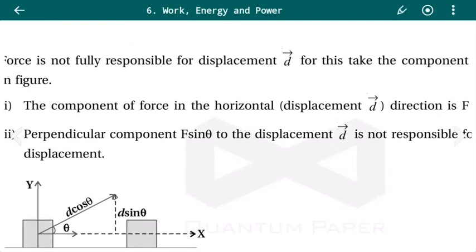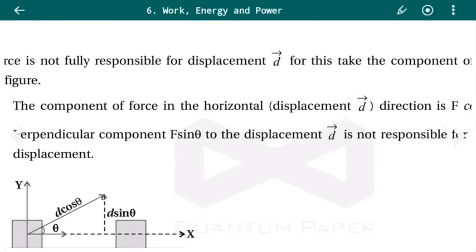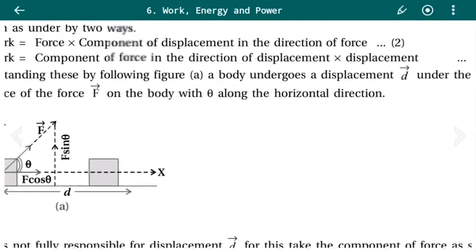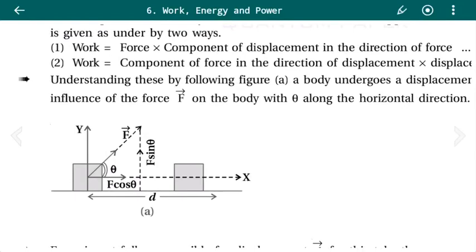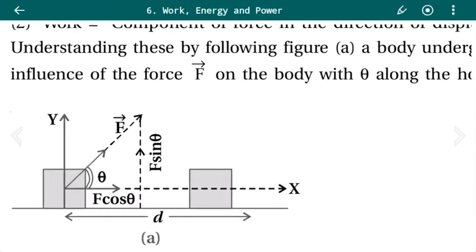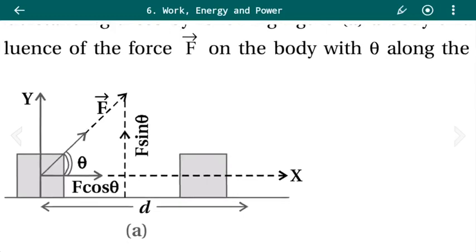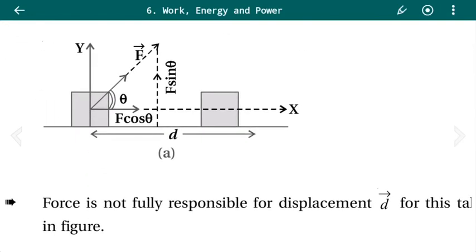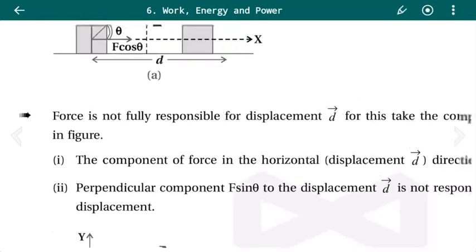The perpendicular component F sin theta to the displacement D is not responsible for the horizontal displacement, because force and displacement perpendicular to each other give work as 0. F sin theta is the component of force perpendicular to the displacement, so it is not responsible for the displacement of this body. That means work done by this component is 0.